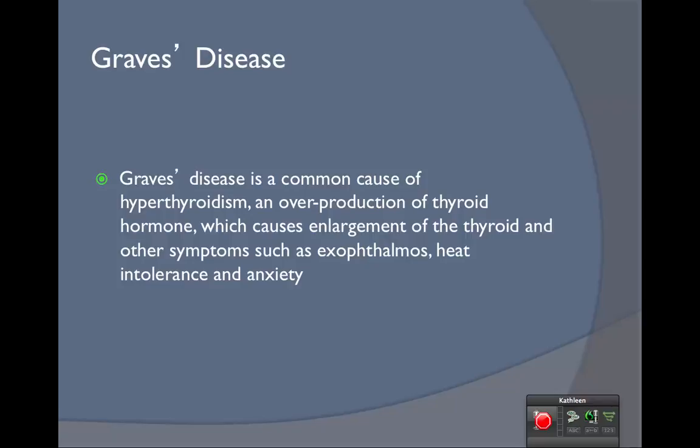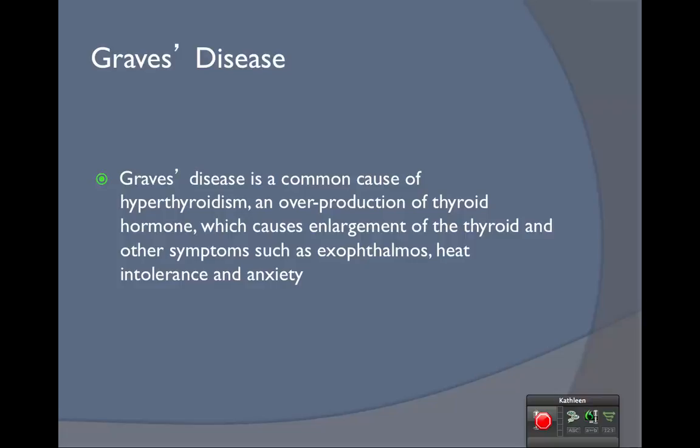In Graves' disease, for some reason that is not well understood by science, the body produces an antibody to a particular protein on the surface of the cells in the thyroid, which is a hormone-producing gland in your neck.